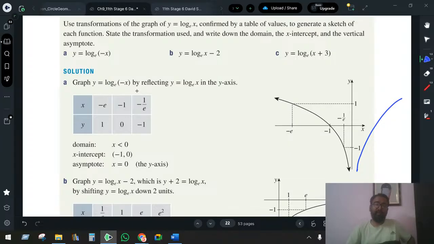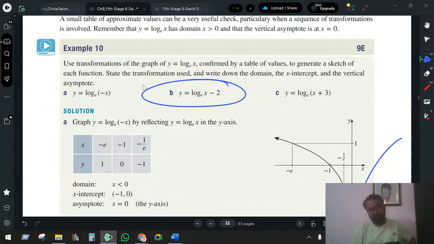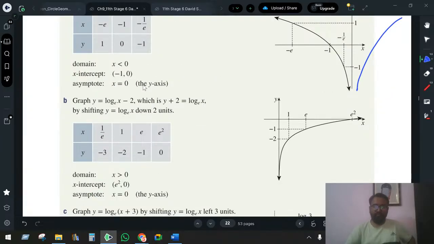Log x base e minus 2. What happens to this graph? It shifts down, two units down. Previously the graph was this, normally the graph is this.